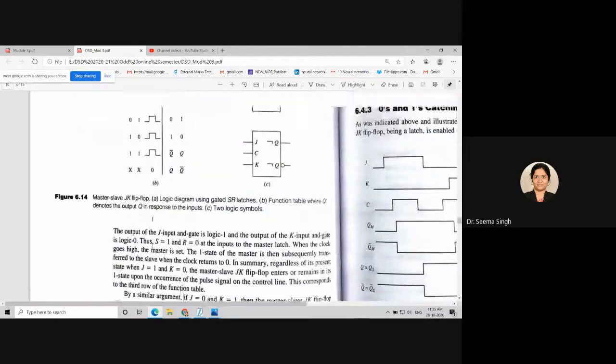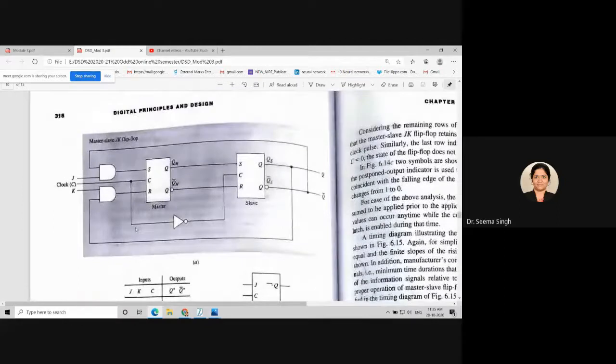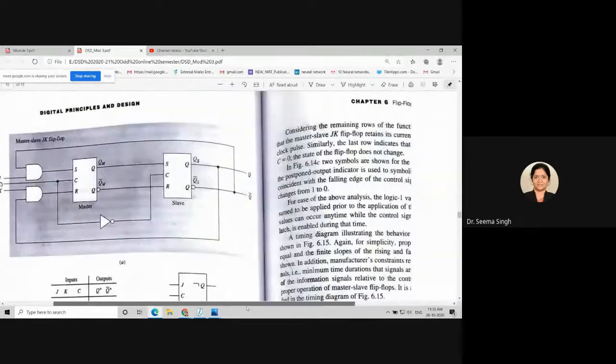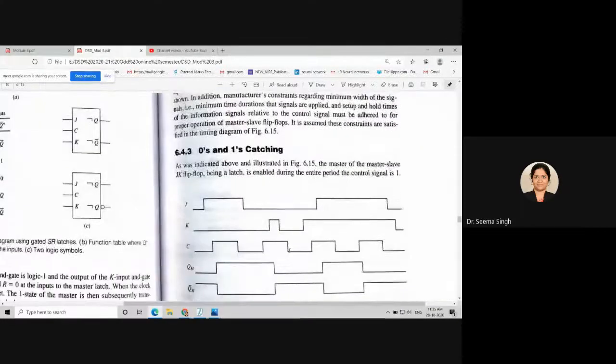Okay, let me show you the waveform. All of you have understood this circuit. Can I go to the waveform? Okay. So I will go to the waveform. You already know what toggling is, right? So you should understand the waveform now.